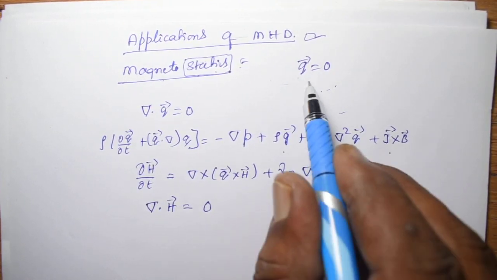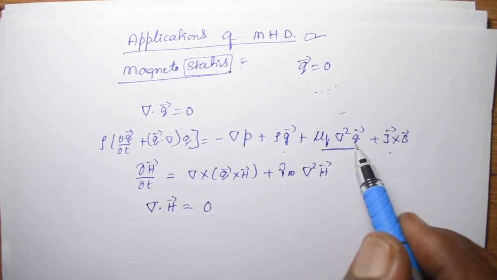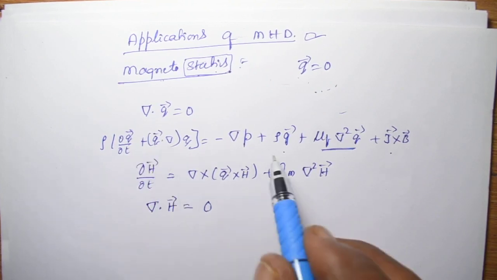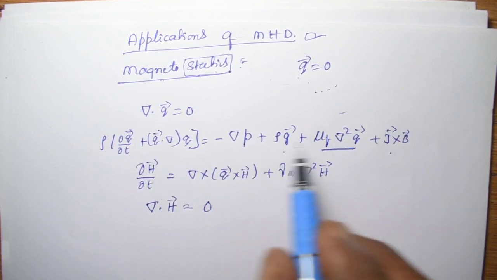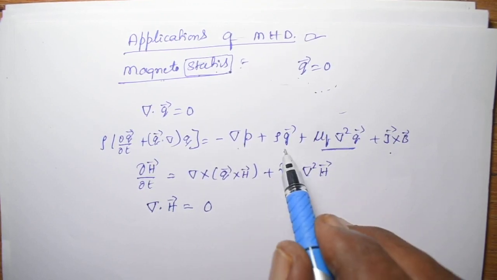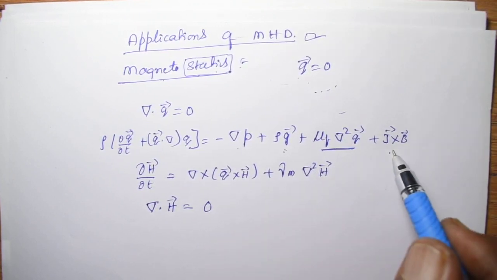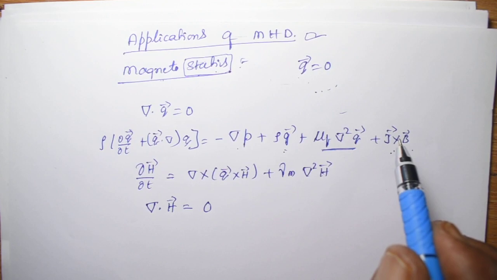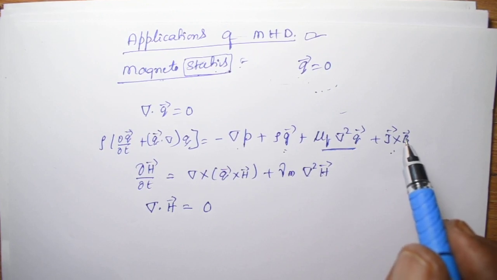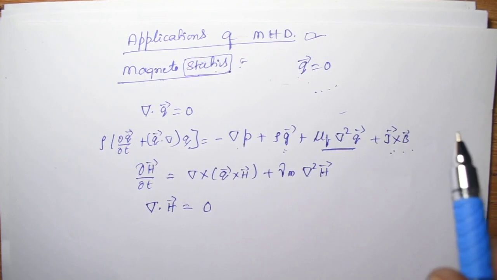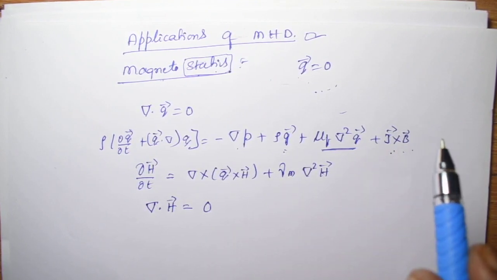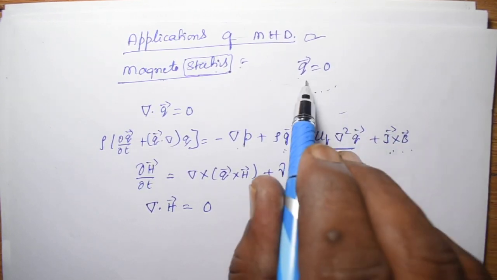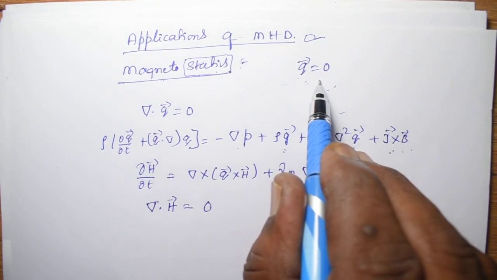When q is equal to 0 there will be no viscous force, because those terms tend to 0. So the sum of the pressure force, gravitational force and Lorentz force becomes 0 when the fluid is at rest. Therefore in magnetostatics the velocity must be equal to 0.